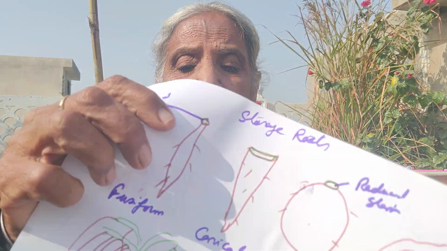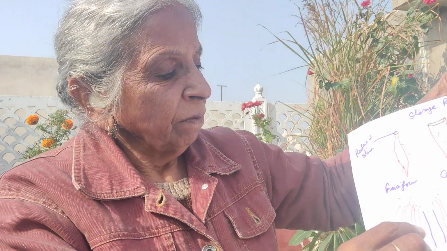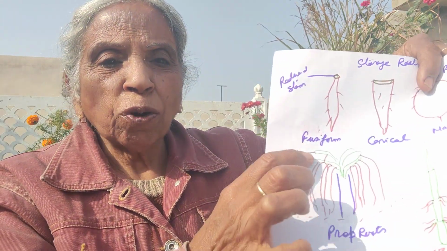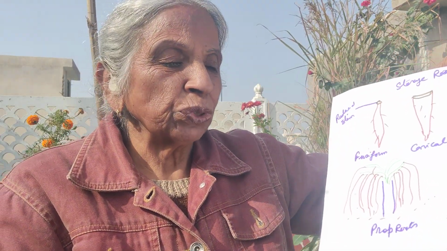They arise from the stem branches. These are adventitious because they arise from the stem branches; they don't arise from the radicle. They grow downwards and anchor into the soil to provide extra support to the large, huge tree. So just like this, you can see these are the prop roots.